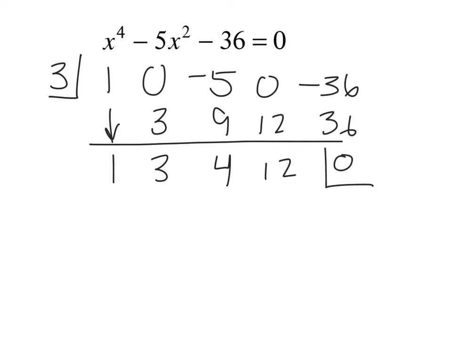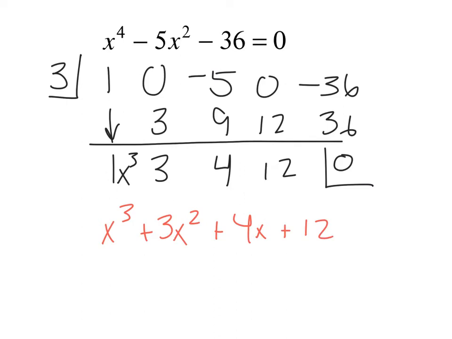So I know I did that right. Since I had an x to the fourth, it's now going to be x to the third. So my new answer is x to the third plus 3x squared plus 4x plus 12.